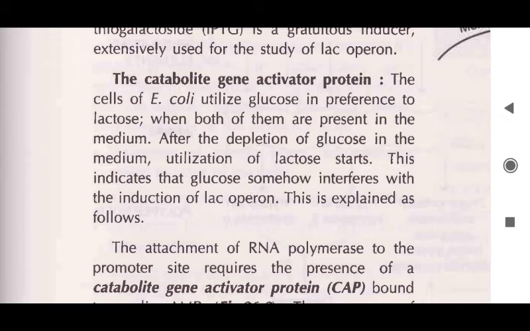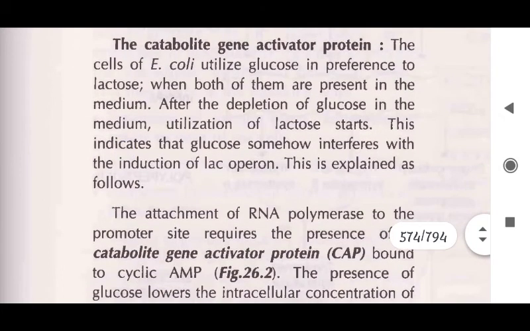Only when the glucose level is depleted will they utilize lactose. So here glucose is indirectly interfering with the lactose operon.